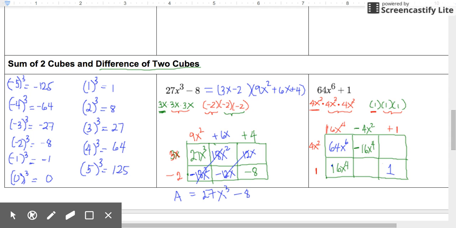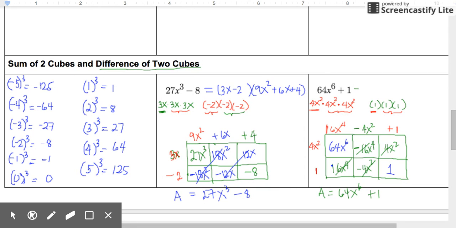We just need to finish filling up the boxes so that we can see if the area is the same as the expression we are trying to factor. Negative 4x squared times 1 is negative 4x squared, and 4x squared times positive 1 is 4x squared. So the area is 64x to the 6th, this cancels, and then we have plus 1.